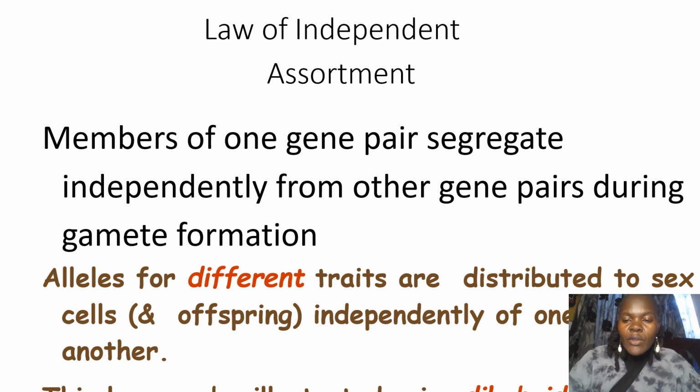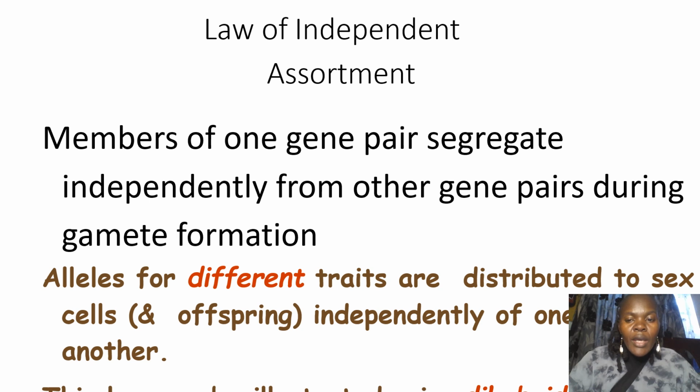So in this case, we are talking about a gene controlling a trait, and then the other gene controlling another trait. So we are talking about a dihybrid cross.